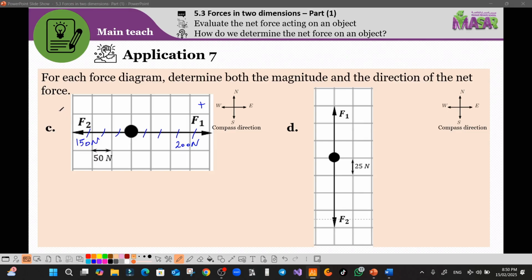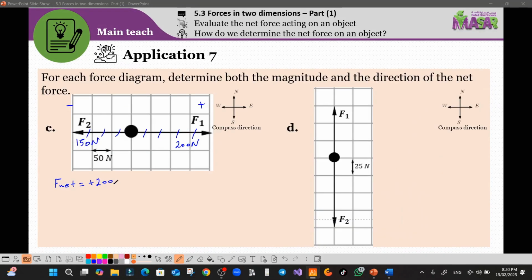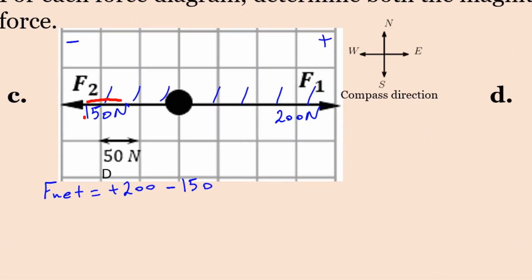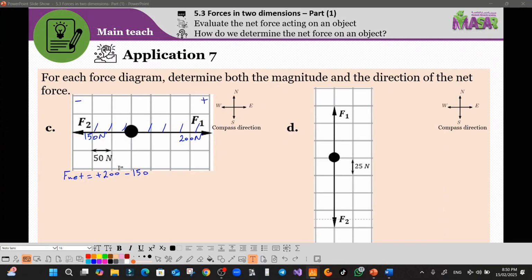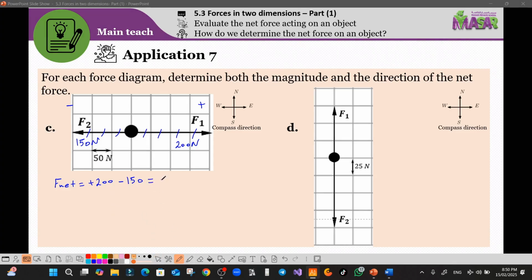Now, right plus, left minus, and the F net will be given as plus 200 because the 200 is directed to the right, minus 150 because 150 is directed to the left. Now, the final answer is plus 50 Newton.